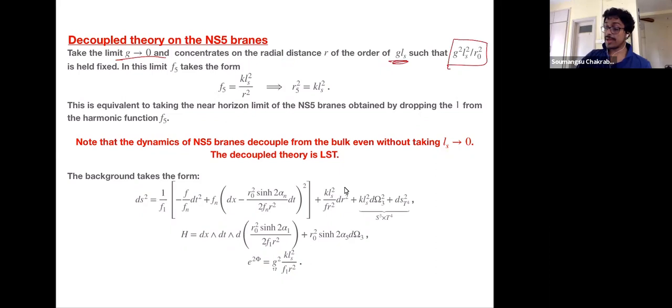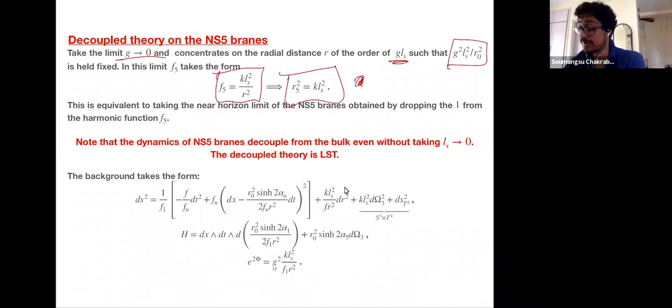In that limit, we get F5 equals k l_s squared by r squared. k, I remind you, is the number of NS5 branes. And this R5 will become the radius of AdS, but it's given by R5 squared equals k in string units. And this is equivalent to taking the near horizon limit of the NS5 branes.